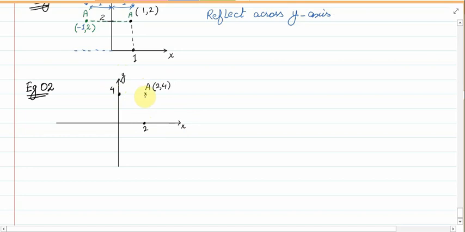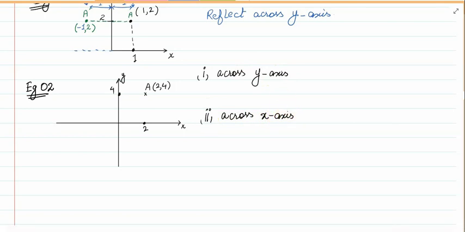I need to reflect the point A, the first part, across y-axis, the second part across x-axis. Starting with the first part, when you are reflecting the point across y-axis.